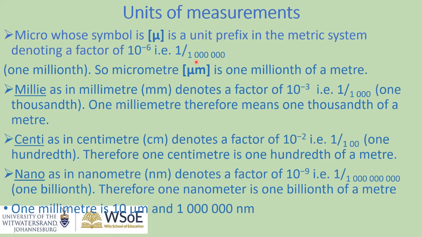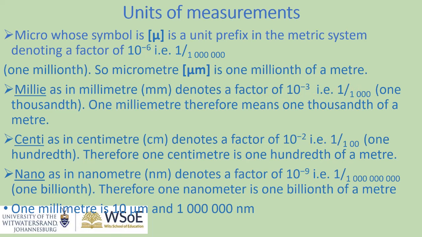And then milli, you know, a ruler is 30 millimeters, a meter is 100 millimeters. So milli denotes a factor of 10 to the power minus 3, which is 1 over 1,000.